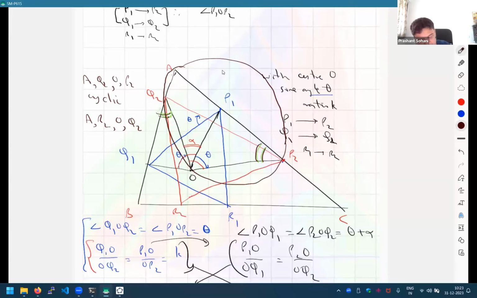So I could draw another circle passing through these four points. And there's a third cyclicity also, which is B, R2, O, Q2, and finally for C, I could use C, P2 and R2 in the same way, right? So C, P2, O, R2 will also be cyclic.